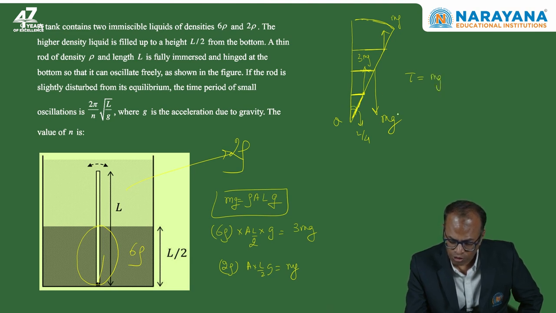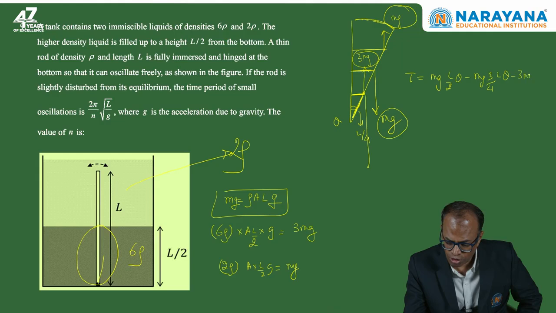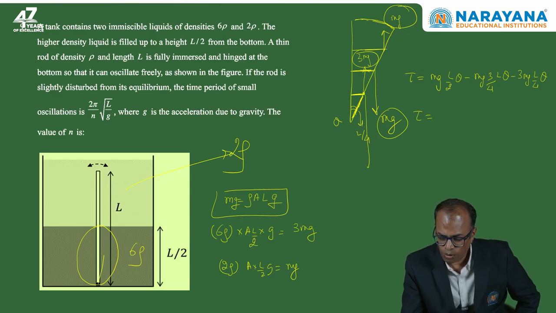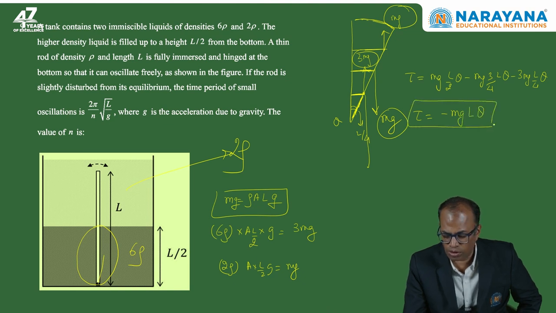So the gravity torque will be mg into L by 2 theta, minus, due to this mg, it will be mg into 3L by 4 times theta, and due to this 3 mg, it will be minus 3 mg into L by 4 times theta. So the torque becomes minus mgL theta.